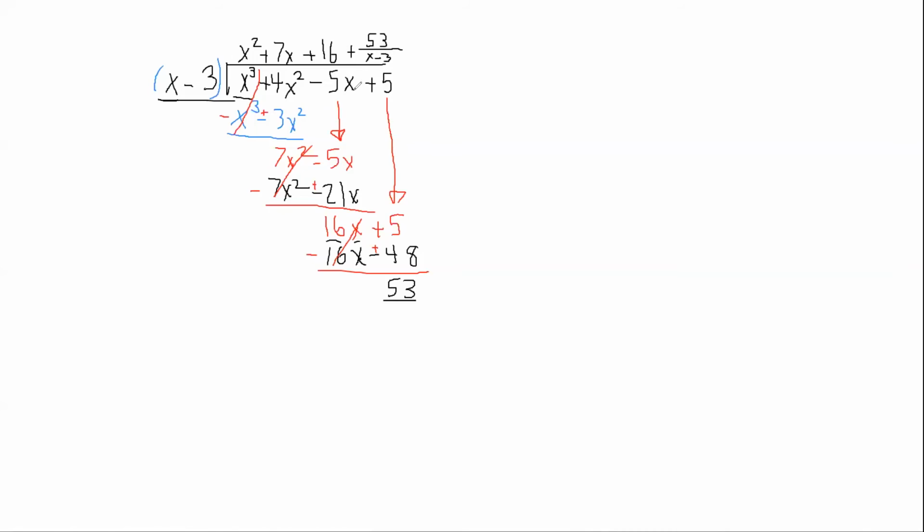So this is how you would do the division for the polynomial. Now, I'm going to do the synthetic division off to the right side to give an example of how it would look in comparison.